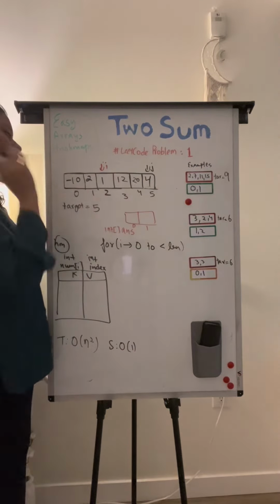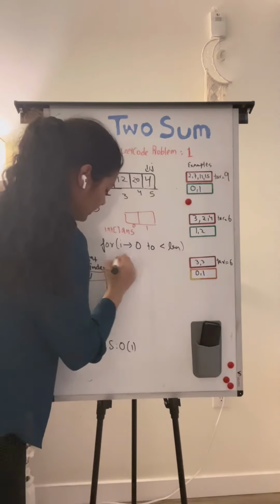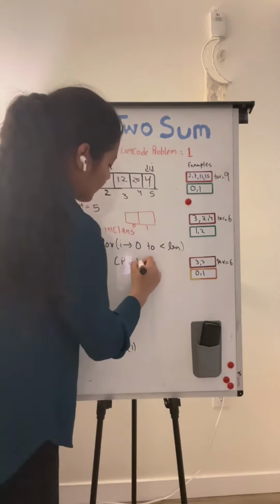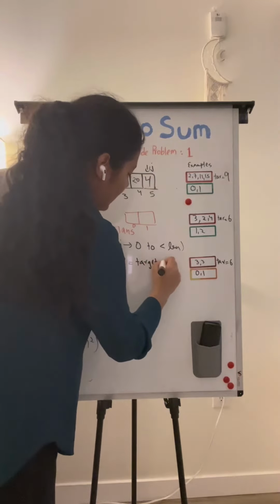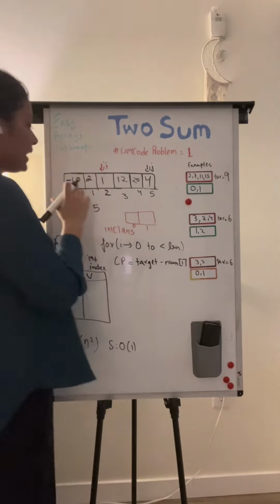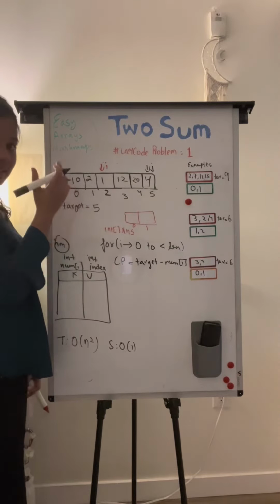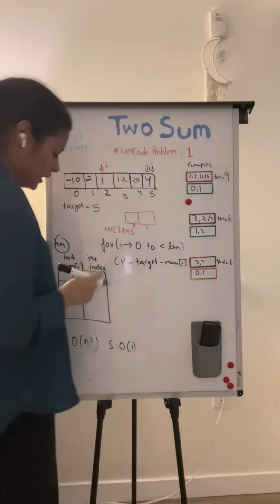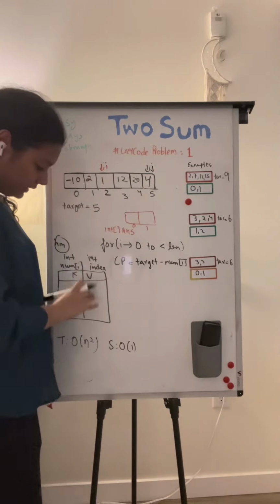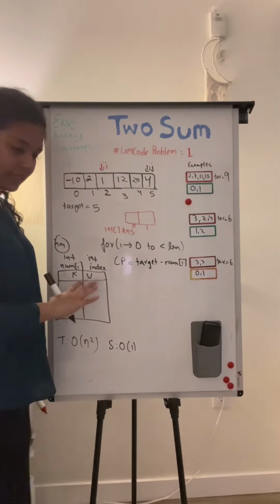Let's see. For minus 10, what would be my counterpart? Counterpart would be target minus nums of i. So basically as we calculated, for minus 10 it would be 5 minus minus 10, 15. So I'll check, does this hash map contain 15? It does not, because this is the first iteration and our hash map is empty.